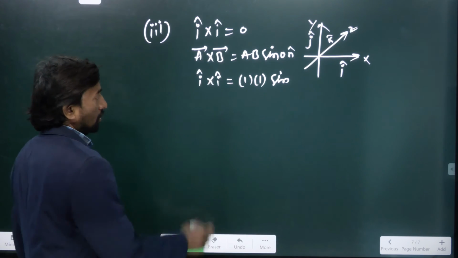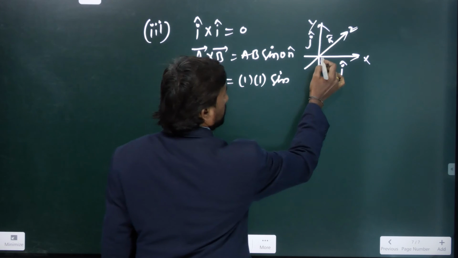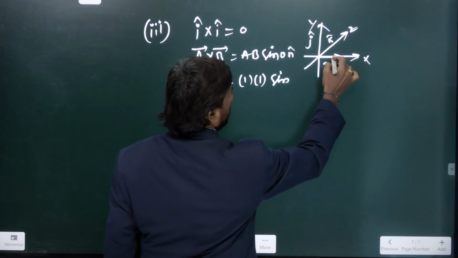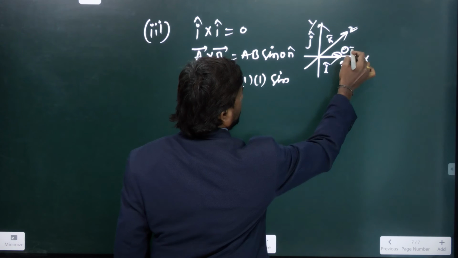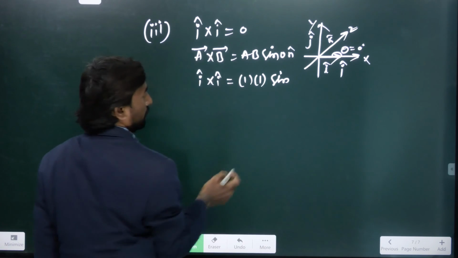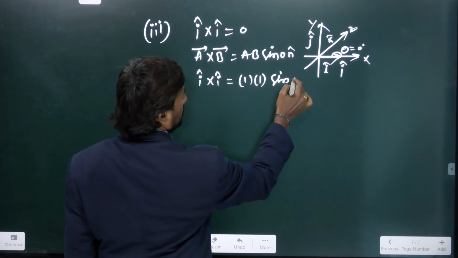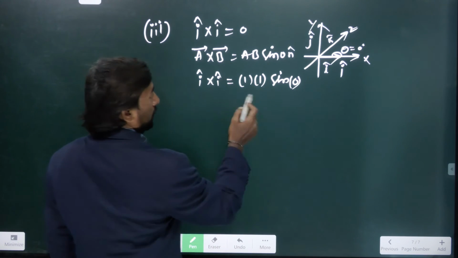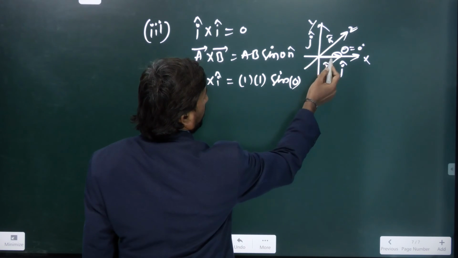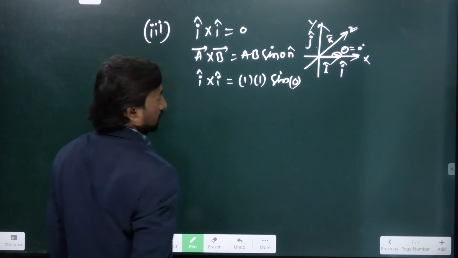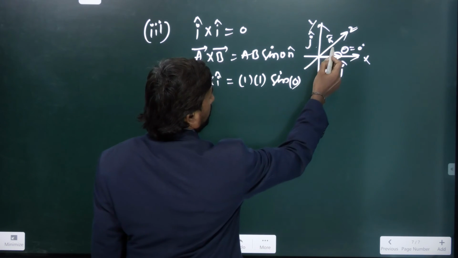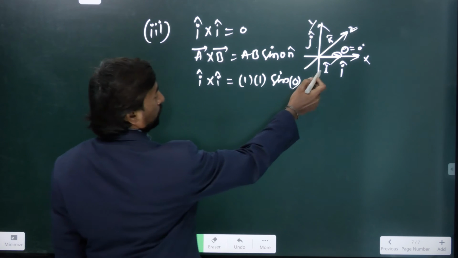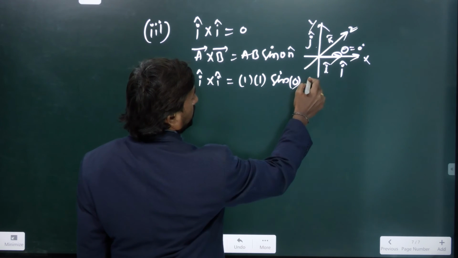Okay. So now here i cap and i cap. Suppose this is i cap and the other i cap is also in the same direction. So the angle between these two i caps is 0. Now what can we write here? Sine theta is nothing but 0. And the direction is the plane perpendicular to i cap and i cap, which may be j cap or k cap.